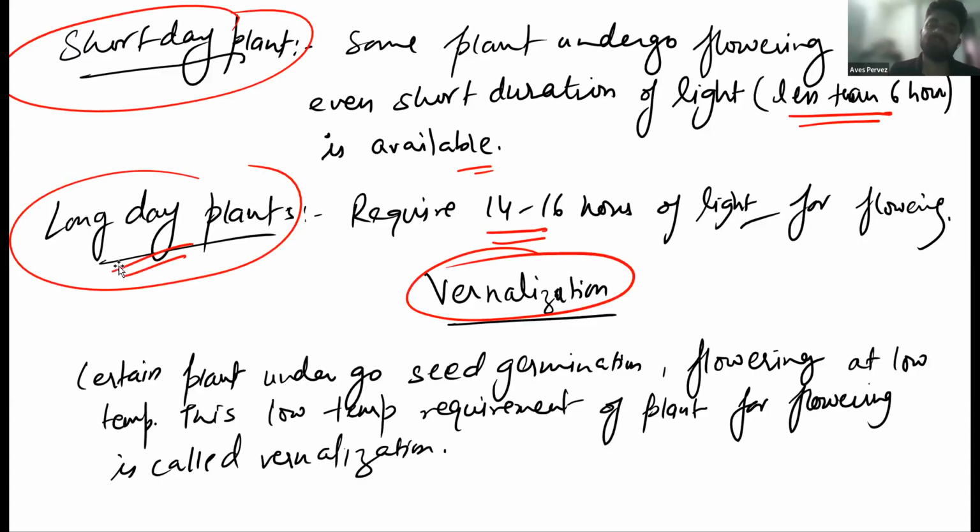Understood? Yes, sir. So note it down: certain plants undergo seed germination and flowering at low temperature. This low temperature requirement of plants for flowering is called vernalization.